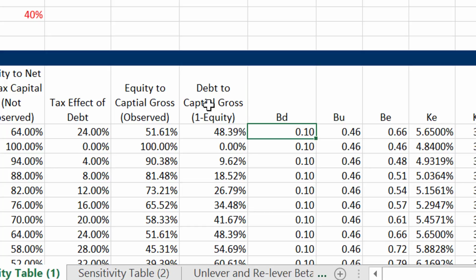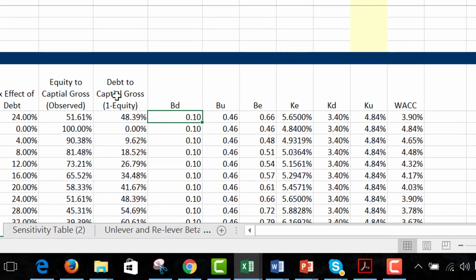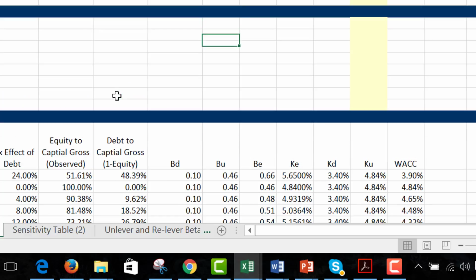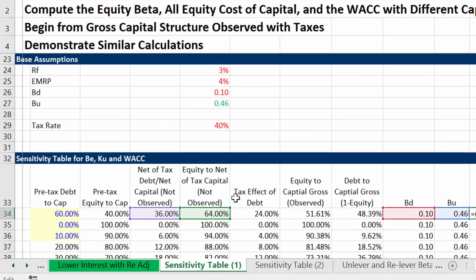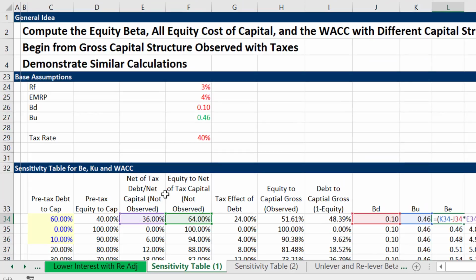Now I put some beta on debt, which again is totally unrealistic, and beta on unlevered. I just pretended for some reason we know the unlevered beta. Then the beta on the equity is just the net, not the gross. It's the net. I can't say that enough.